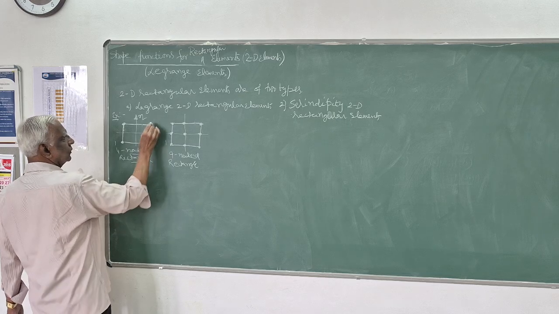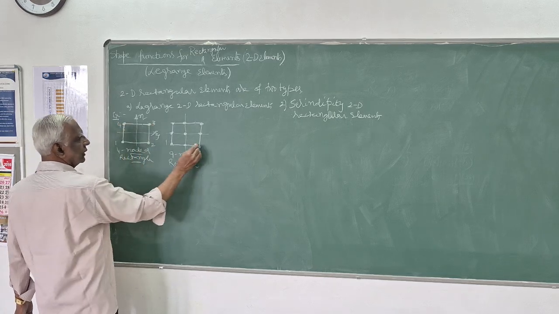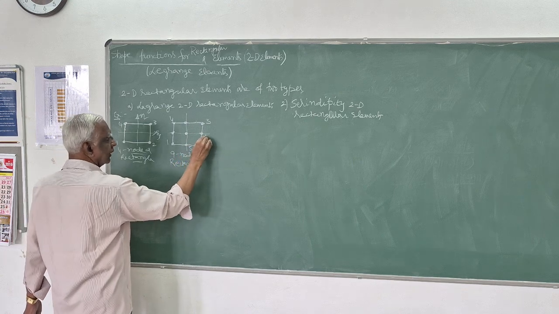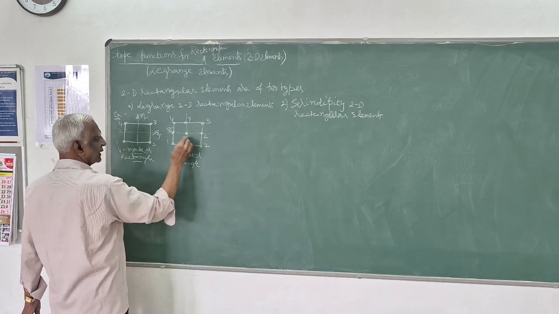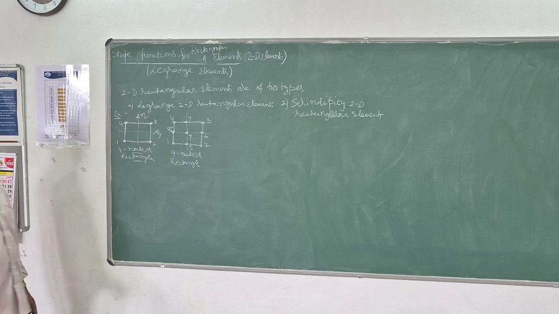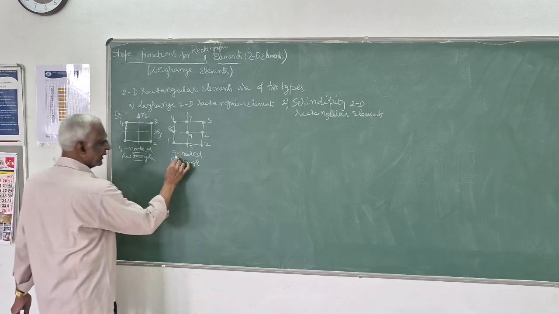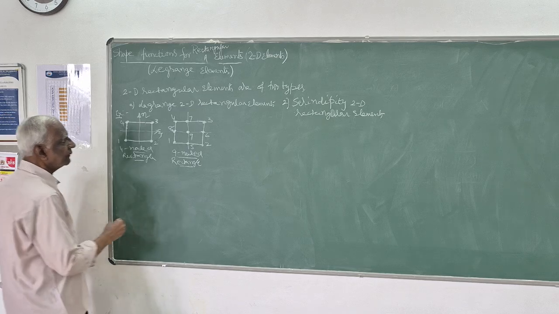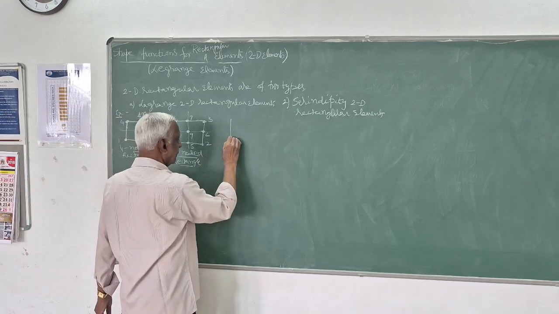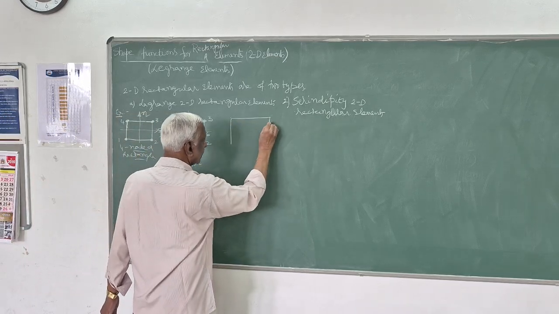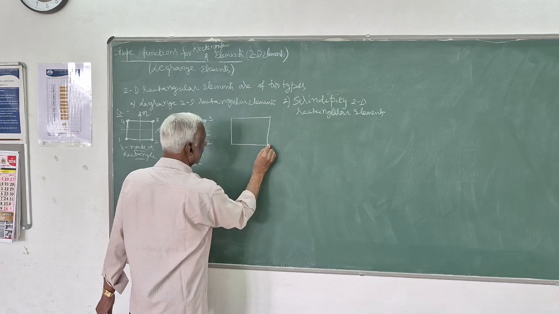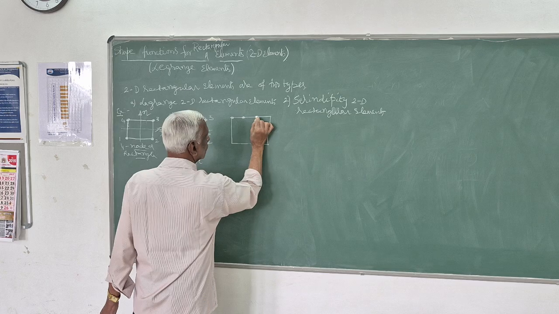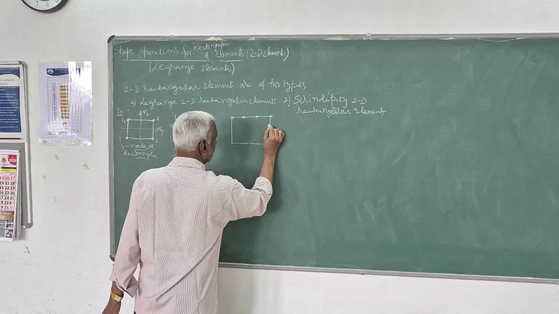1, 2, 3, 4. Here 1, 2, 3, 4. And nodes 5, 6, 7, 8, and 9. 9 nodal rectangle, all the nodes are distributed, or it can be rectangular elements like this, with 2 nodes in the middle.